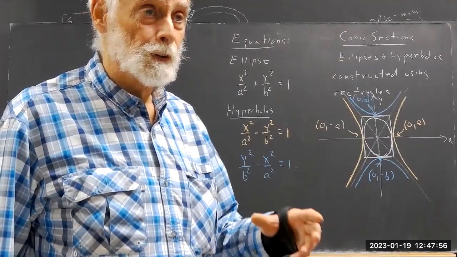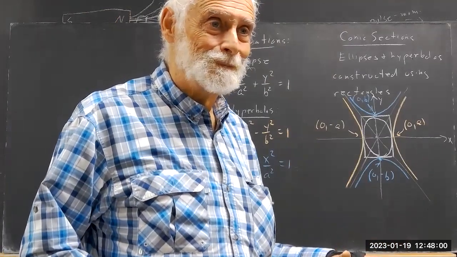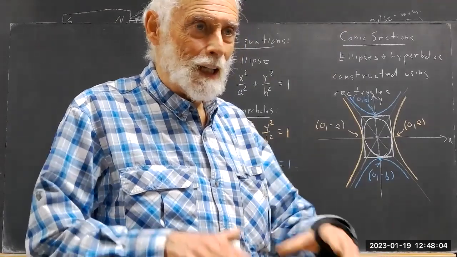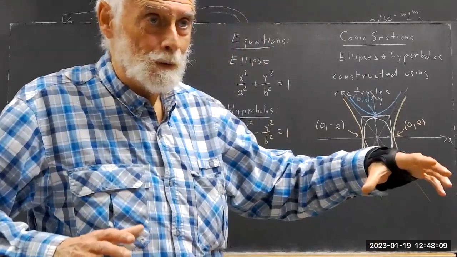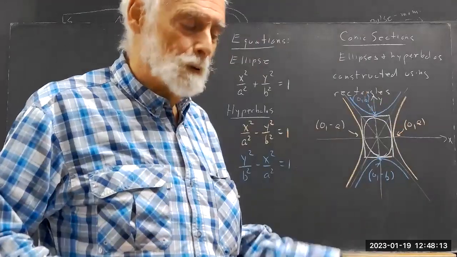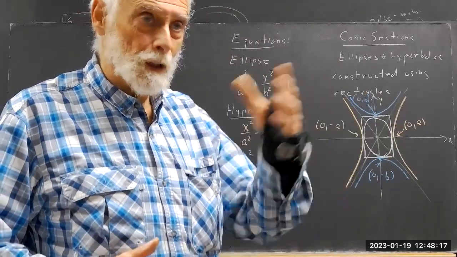And for the purposes of what we're going to do in this course, a quadratic surface can be seen as a stack of ellipses, hyperbolas, and parabolas. I didn't mention parabolas. I'll do that real quickly. Okay. A parabola is like y equals x squared.